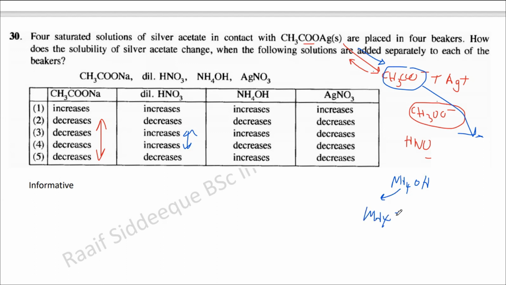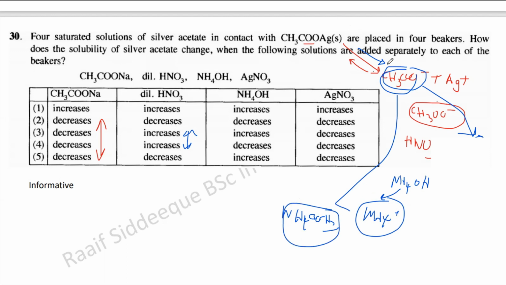So this NH4 plus will react with this acetate and will form ammonium acetate. So again, this equilibrium is shifted towards this direction, because since ammonium acetate is forming, more and more salt will be dissolved. So it is going to increase.